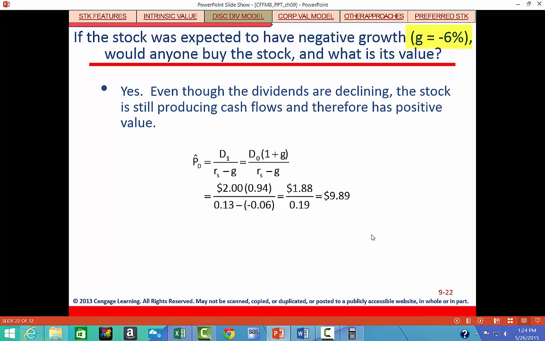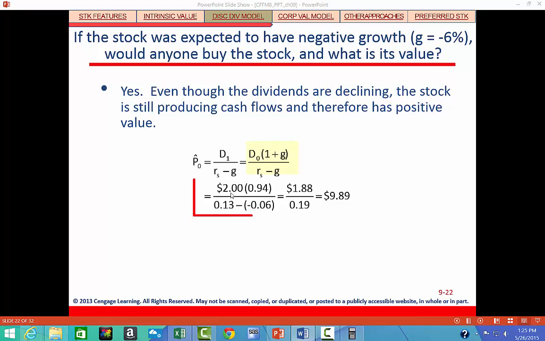Now, what about if we had a stock with a negative growth? Would there be any value to this kind of stock? Well, the company is earning something and paying some dividends, so it clearly has a value greater than 0. And then we can find that value using the constant growth model. So we have D1 over RS minus g, and the growth rate is negative 6%.